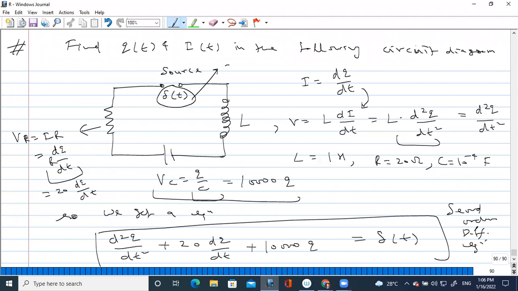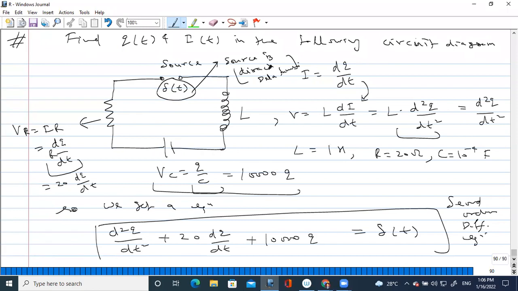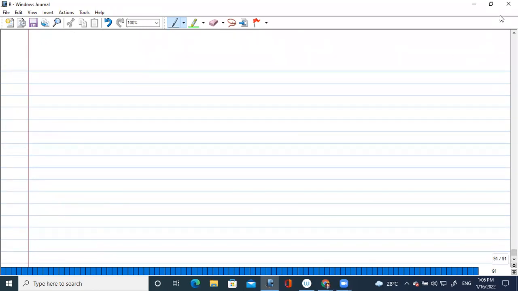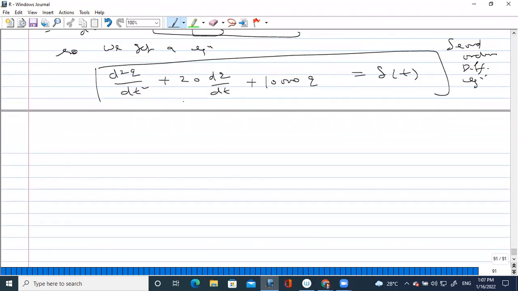So here source is given. Source is your Dirac delta function. Okay. So now what is our method? Take Laplace of everything.